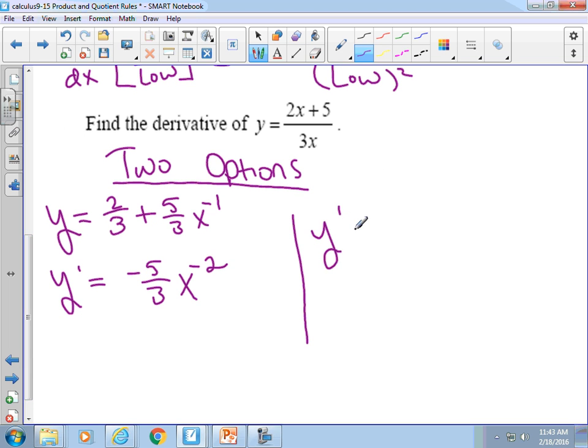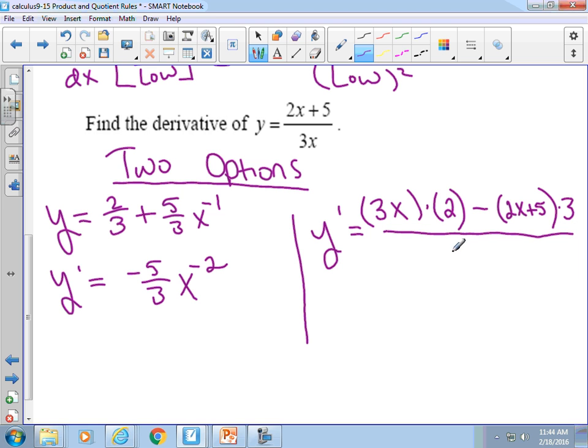The derivative. What do I do first? Low. So I just write down the bottom. D high. Well, what is the derivative of the top? 2. So low d high, the derivative of the top, minus high d low, which is, all over 3x parentheses squared.